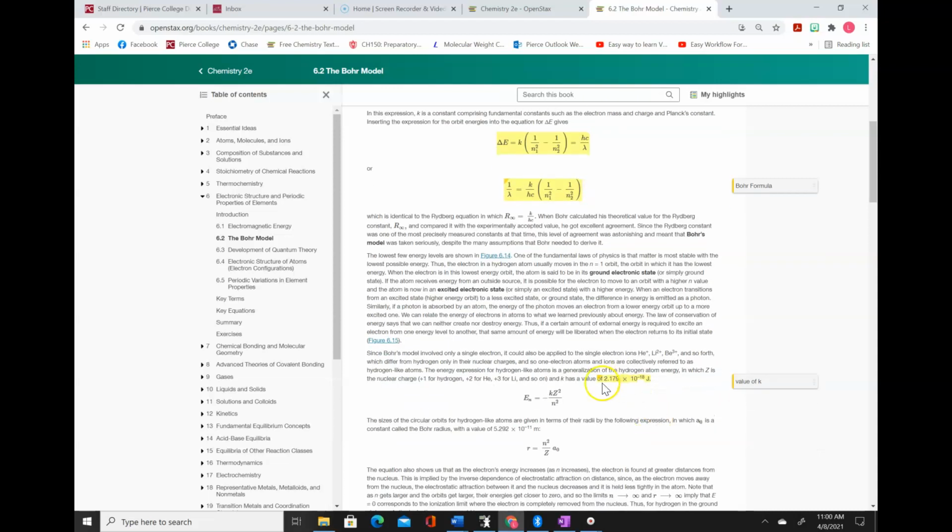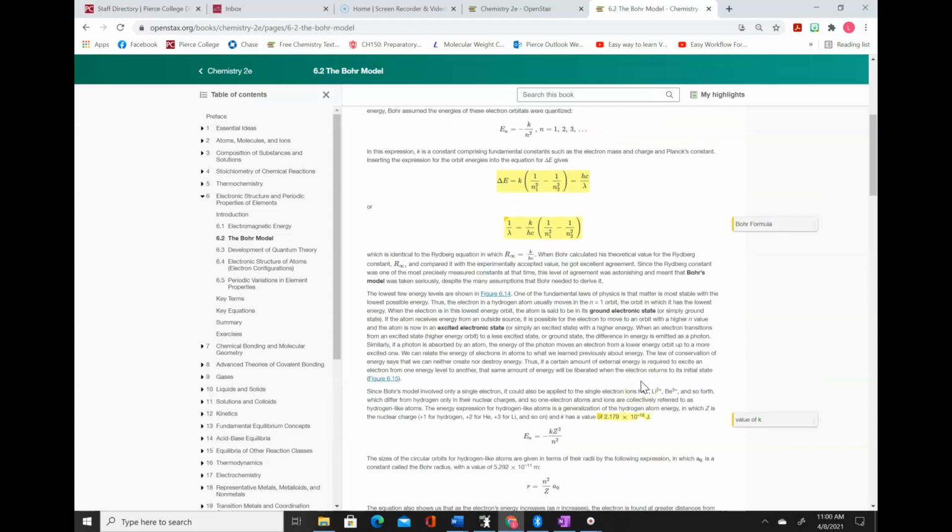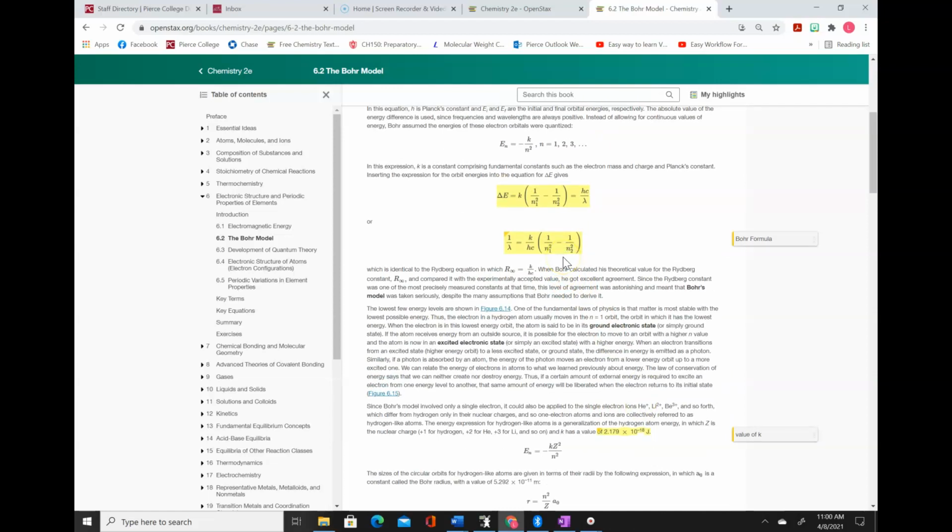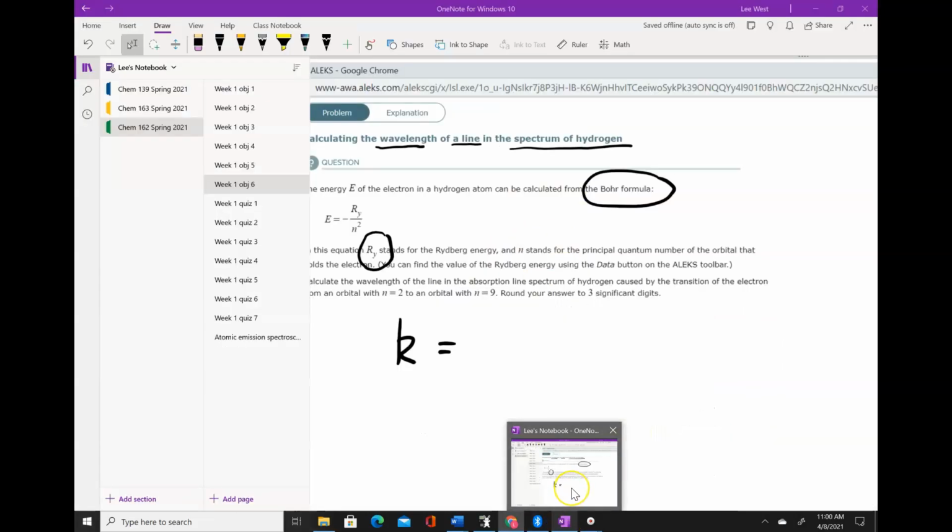So what does K equal? Here it is here. See, I highlighted it, left a little tag on it, right? 2.179 by 10 to the minus 18 joules. So let's just use this formula, and then I'll show you how to very quickly get the wavelength.